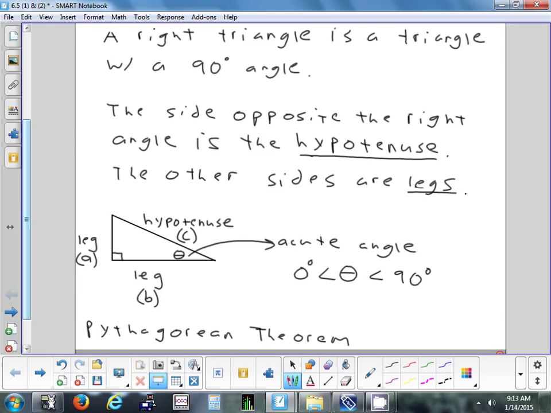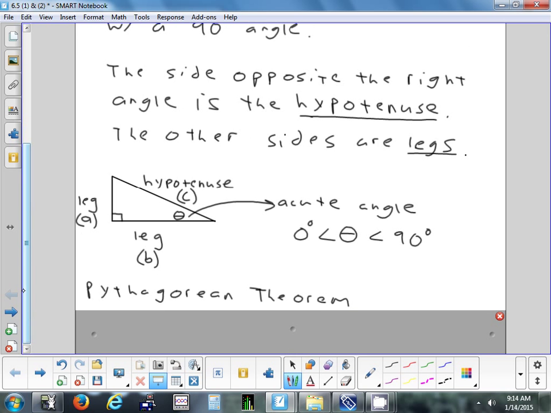All the angles here have to add up to 180 to make that a closed three-sided polygon. So if one angle is already 90, the sum of the other two has to equal 90. So you could have one angle that's like 89.9 and the other one 0.1. But you can't go any higher than 90. It has to be less than 90.